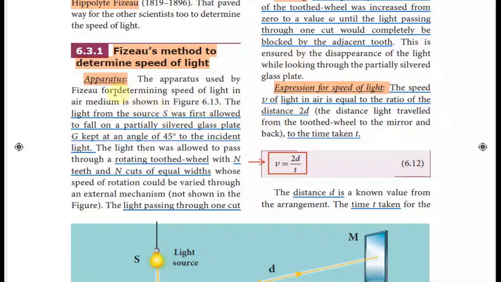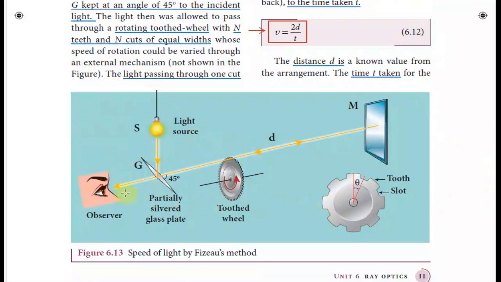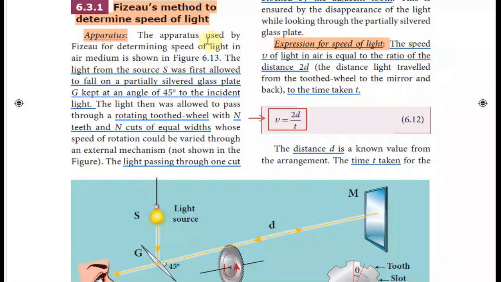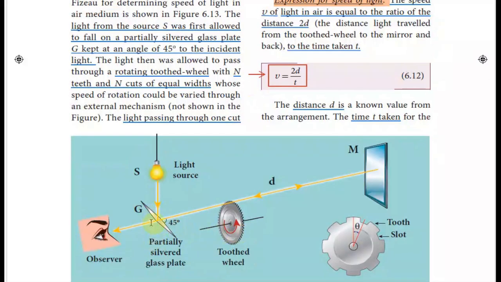So here is the description of the apparatus used. This is the actual apparatus used in determining the speed of light by Fizeau. It consists of a light source, and light from this source was first allowed to fall on a partially silvered glass plate, which is kept at an angle of 45 degrees to the incident light.